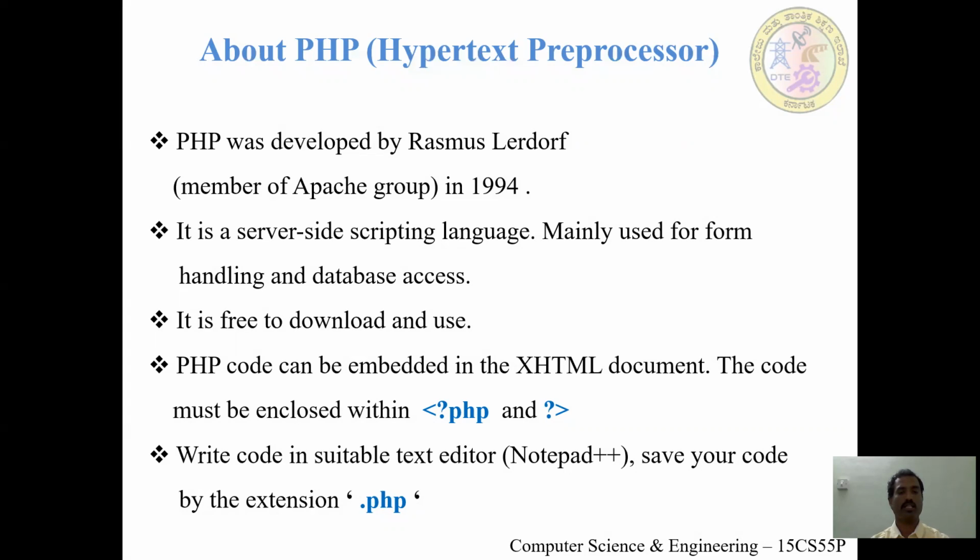PHP is the most popularly used language because it is free to download and use. We can include a PHP script in XHTML document, or also we can create a separate PHP script and we can call it in the XHTML document. In order to include the PHP script, we have to use the tag called as angular bracket question mark PHP and closing tag question mark and angular bracket.